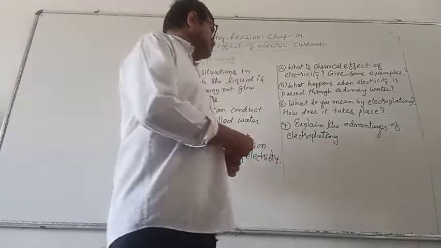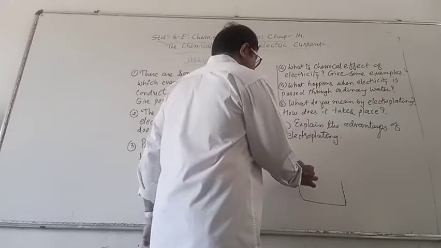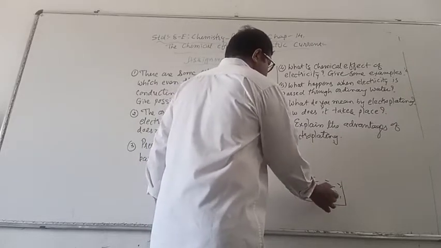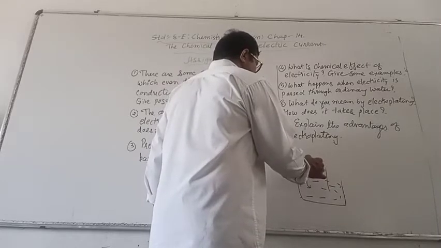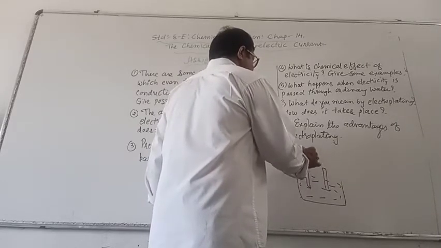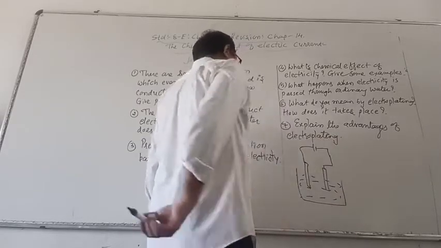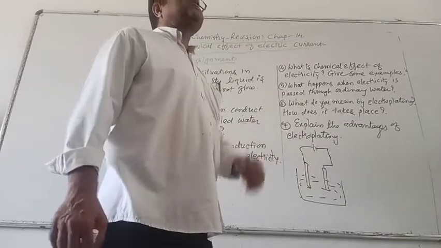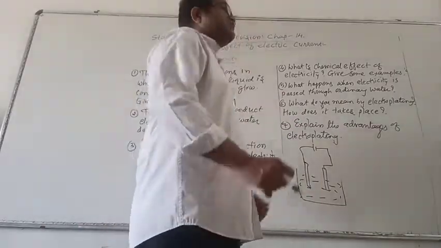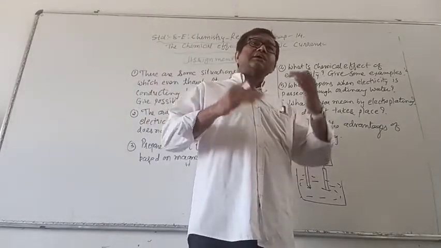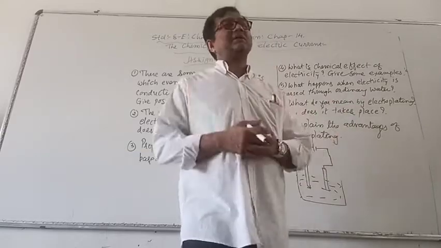For electroplating, we have to make an arrangement in which we take some desired liquid, and we have to put 2 electrodes, and then we have to complete the circuit. Suppose we are going to electroplate some metal on another metal.